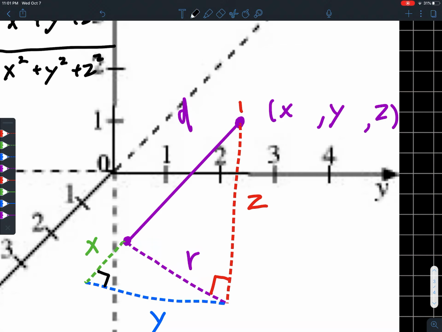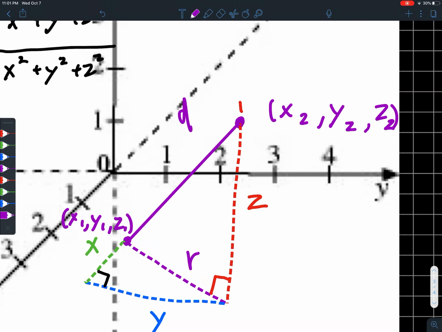And instead of going from 0, 0, 0 to x, y, z, we are going from x1, y1, z1 to x2, y2, z2. Here, let me draw it somewhere where you can see it.